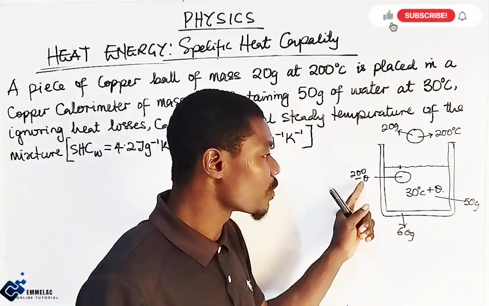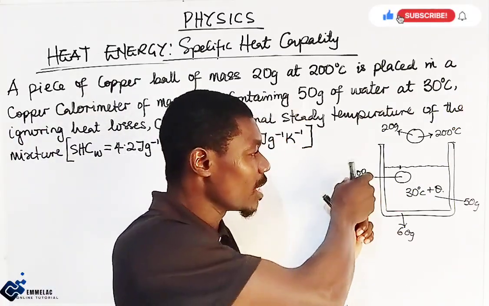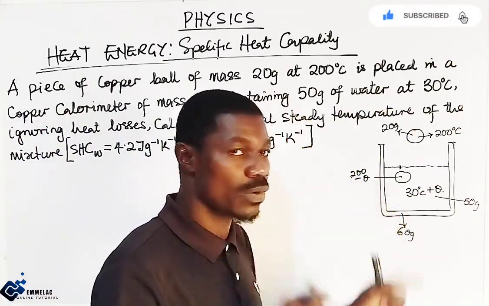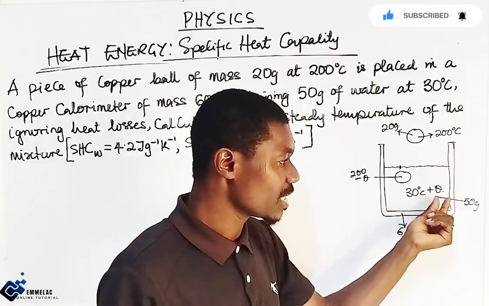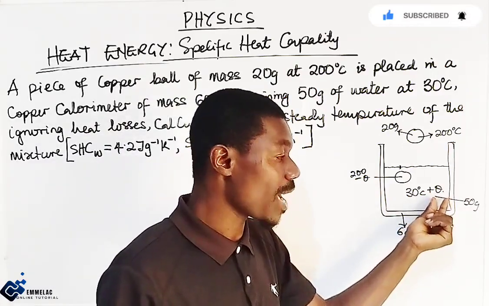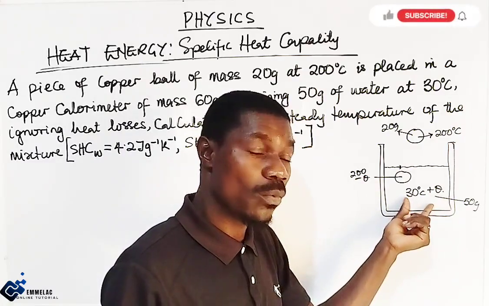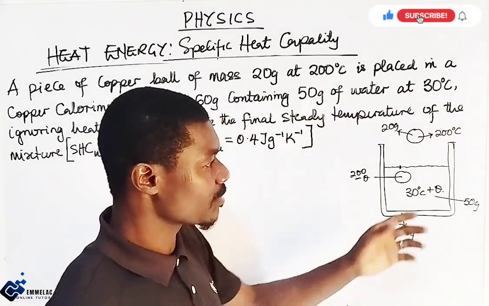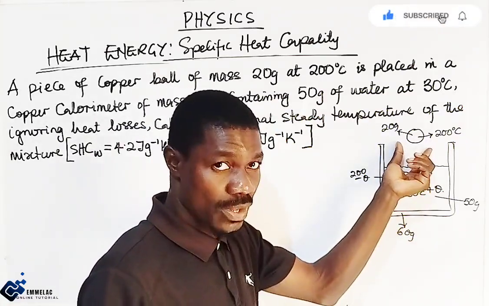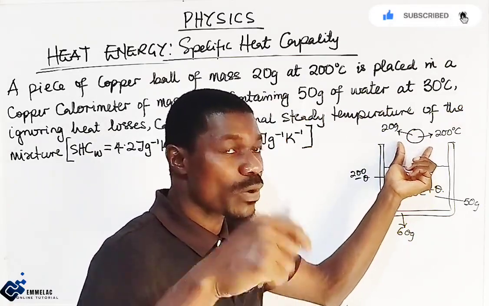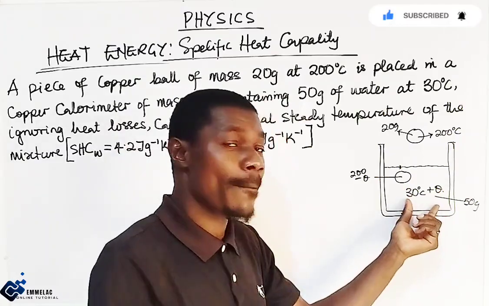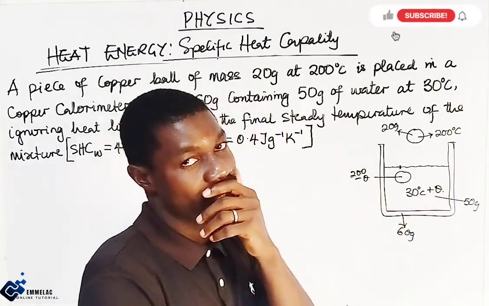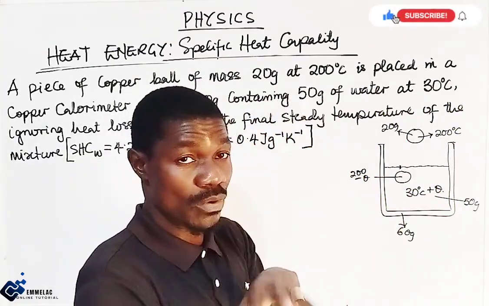Whatever energy is being lost by the ball is the same energy that is gained by the water and calorimeter. So the heat lost by this ball will be equal to the heat gained by the water in the calorimeter and the calorimeter itself.